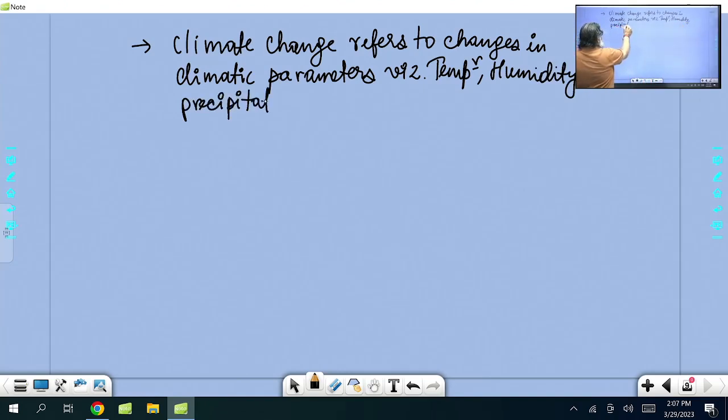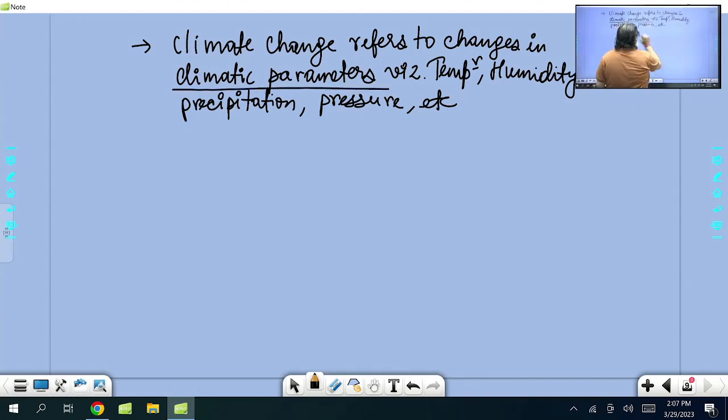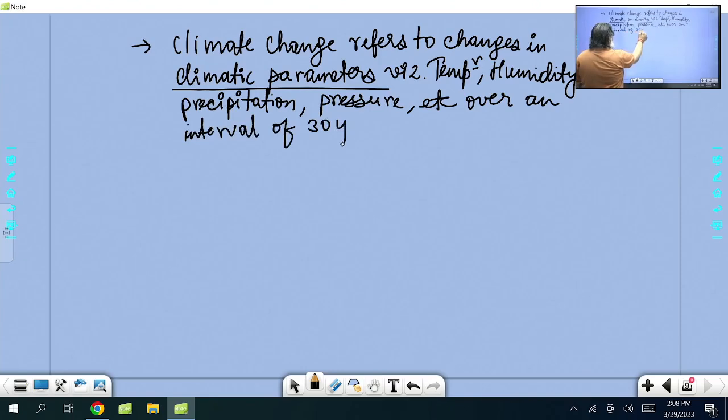Precipitation is the rainfall. Then pressure, wind, all these which happen over a long time, right? Changes in the climatic parameters over an interval, here we take an interval of 30 years and more.